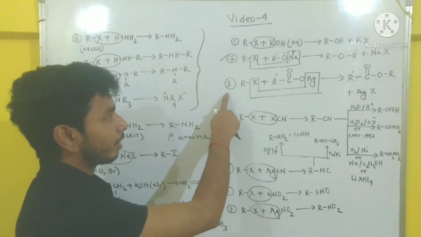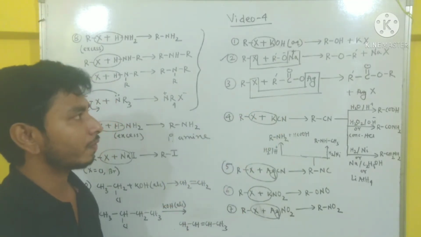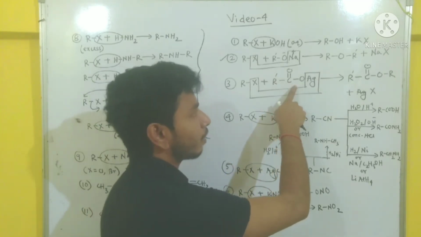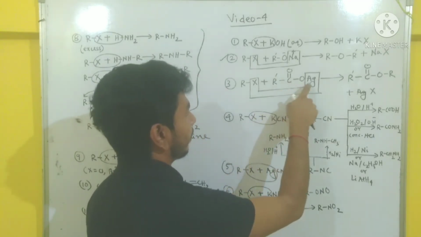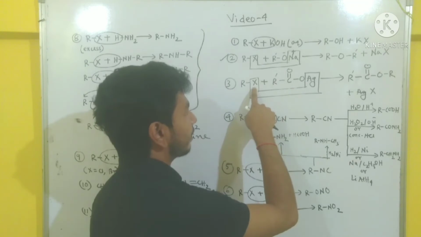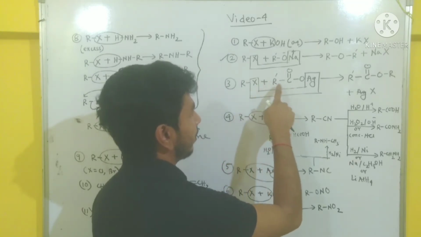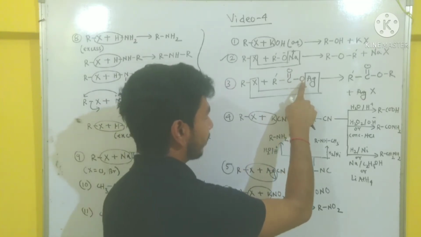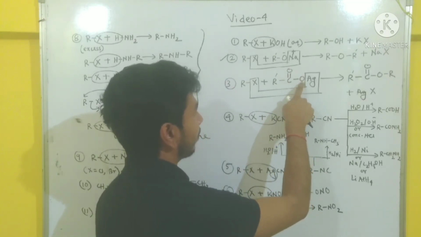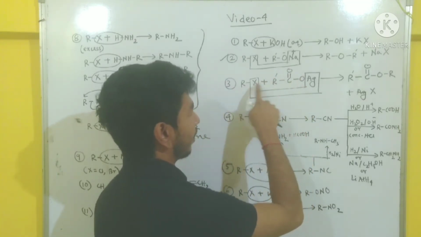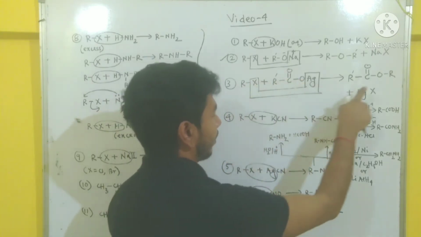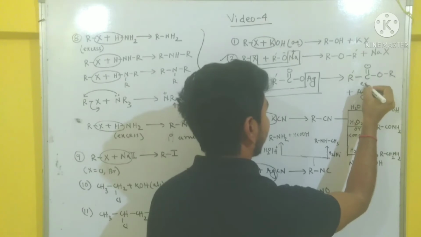Next reaction is the reaction with the silver salt of carboxylic acid. AgX is removed, so now R'C double bond O, single bond O, and then R. So R'COOR is called ester.